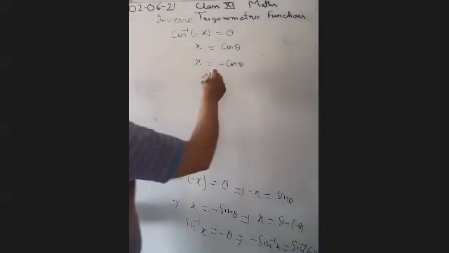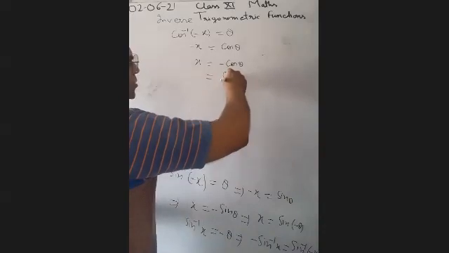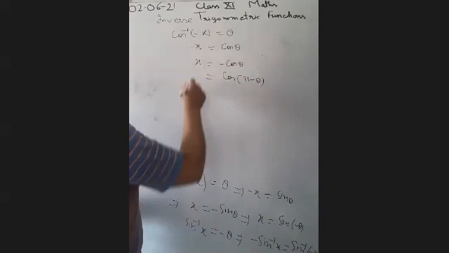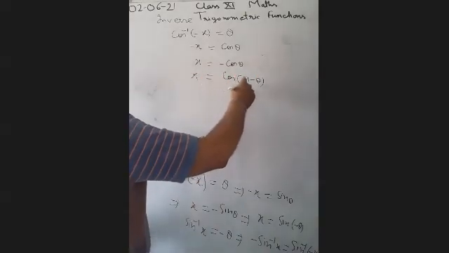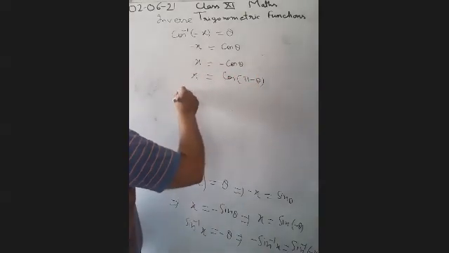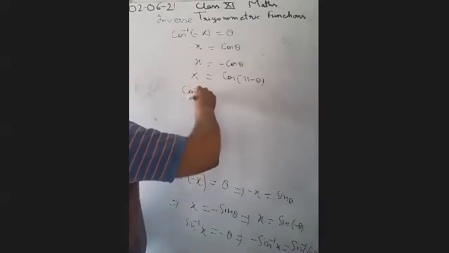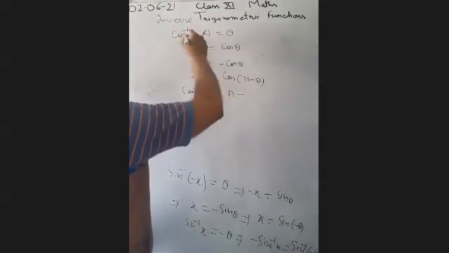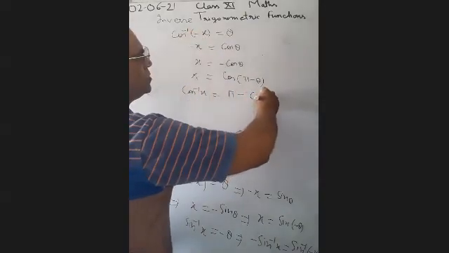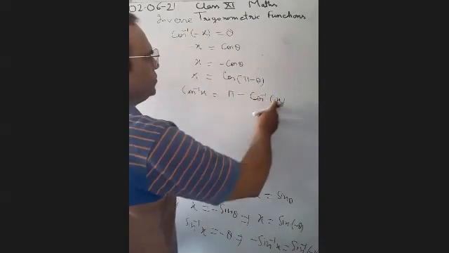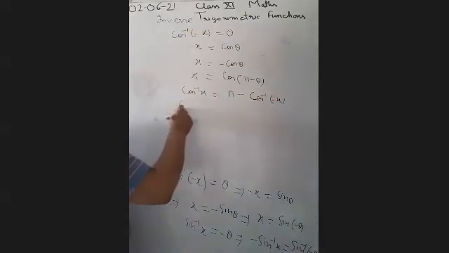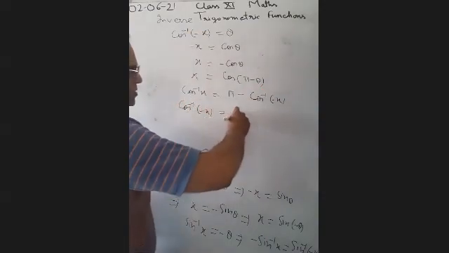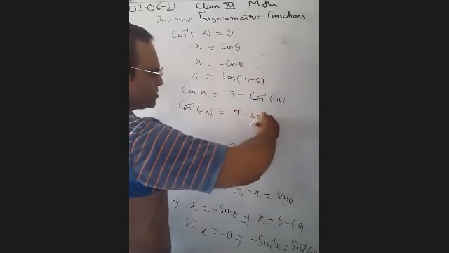So according to the domain, we are converting into cos pi minus theta. ठीक है, x is equal to cos pi minus theta. So cos inverse x is equal to pi minus theta. Theta is equal to cos inverse minus x. We can interchange also, so cos inverse minus x is equal to pi minus cos inverse x.